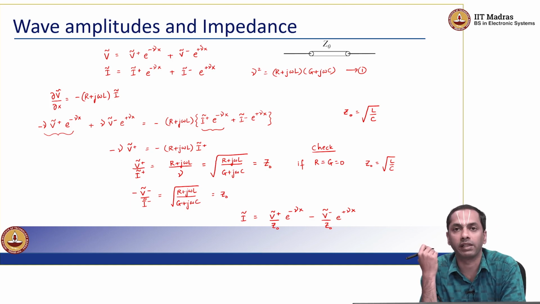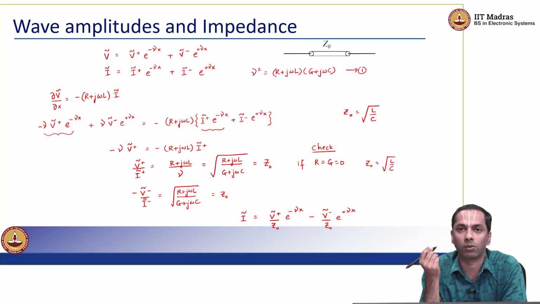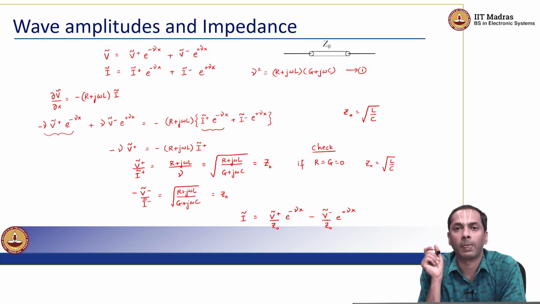For now, all we are saying is that for any transmission line in any scenario, for whatever be the load or source case, the voltage and the currents will have these kind of forms, right, where we are leaving the phasors V plus and V minus as generic phasors. But remember, they are constant complex numbers, right? They are not time varying or spatially varying. All the time and space variation has been absorbed in the e to the j omega t and the e to the minus gamma x, right?